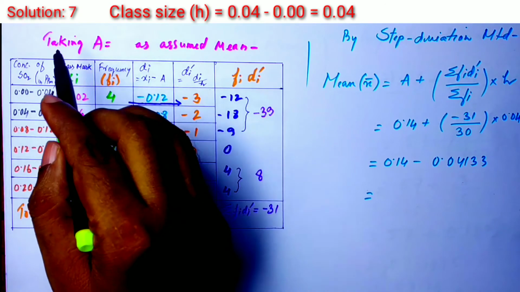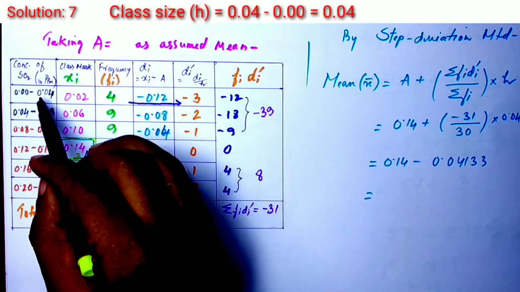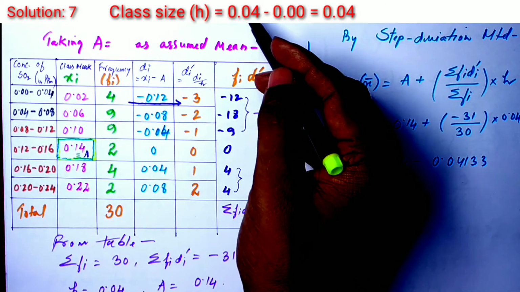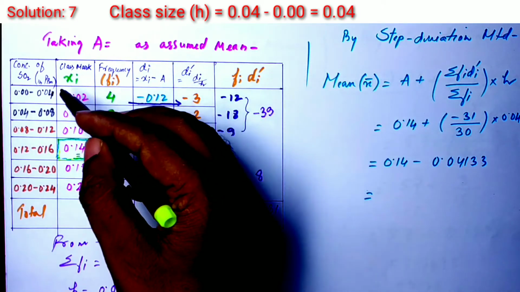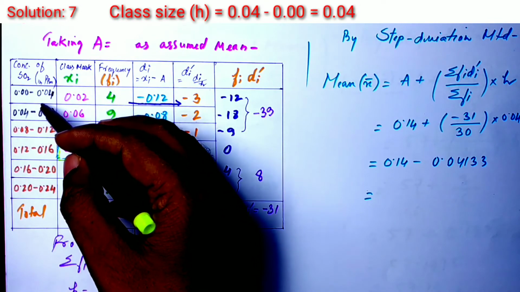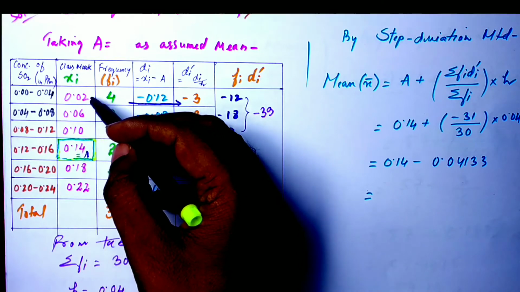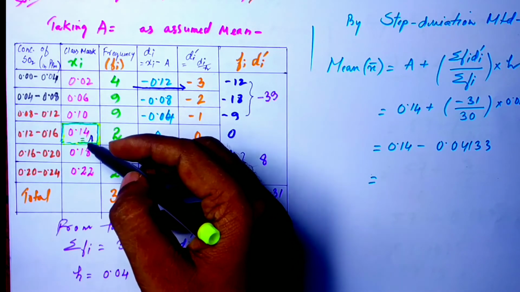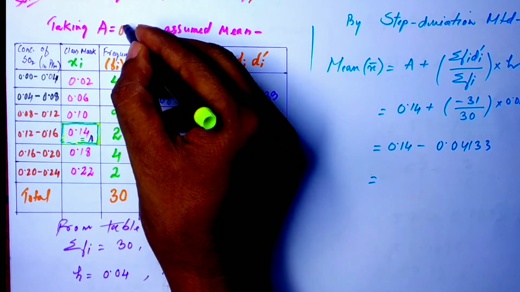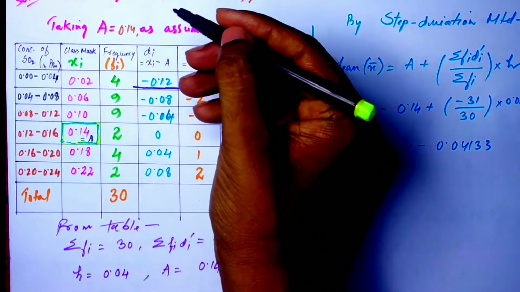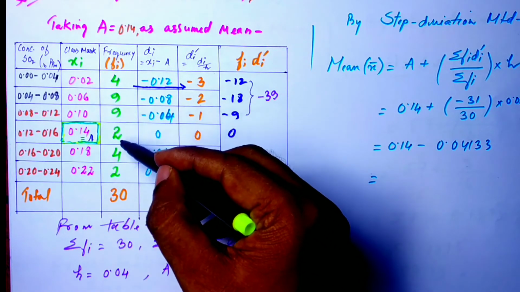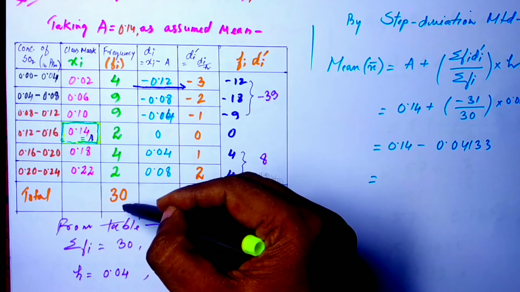Here we took the class size as 0.04 minus 0.00, which is 0.04, and we found out the class mark as xi. We add and divide by 2, and we got 0.02, and so on, and we take 0.14 as the assumed mean, and we have frequencies 4, 9, 9, 2, 4, 2, which is 30 in total.